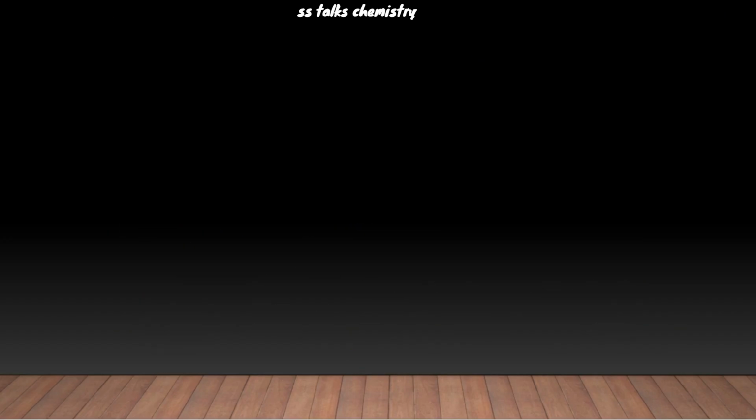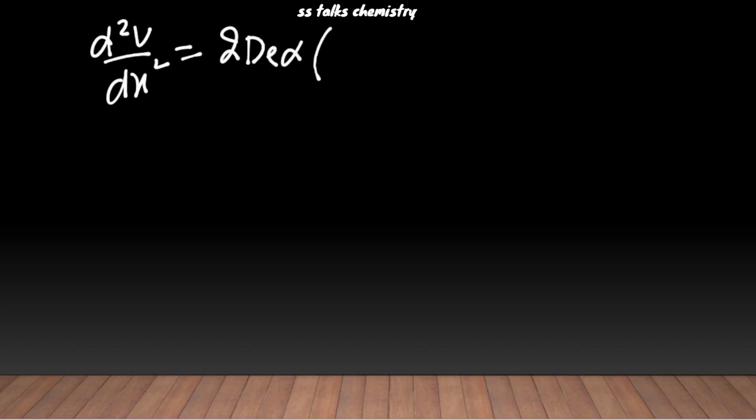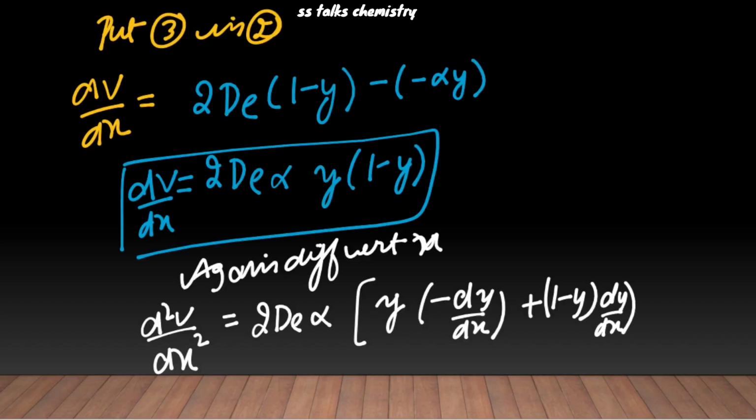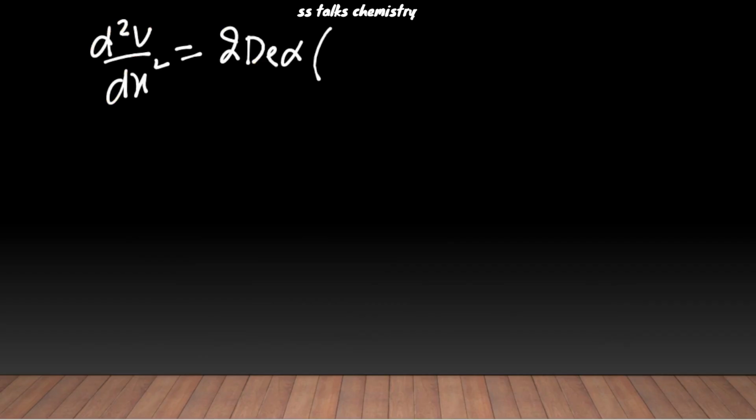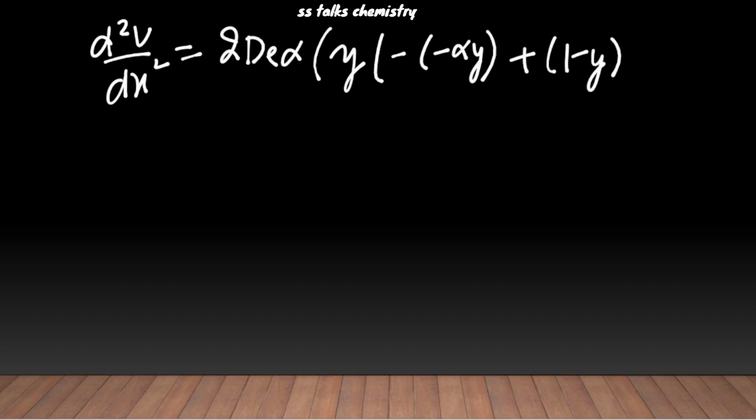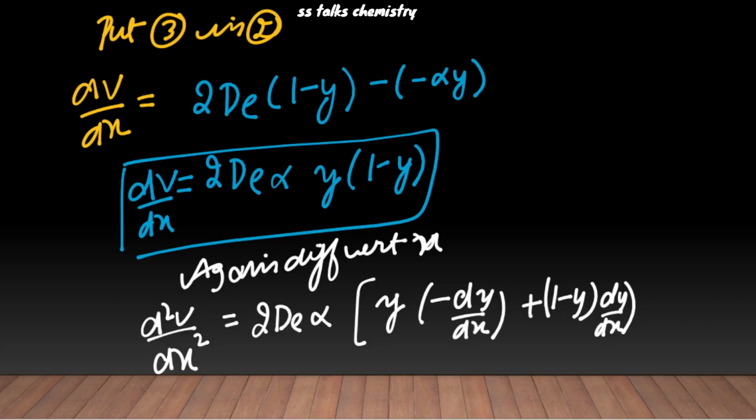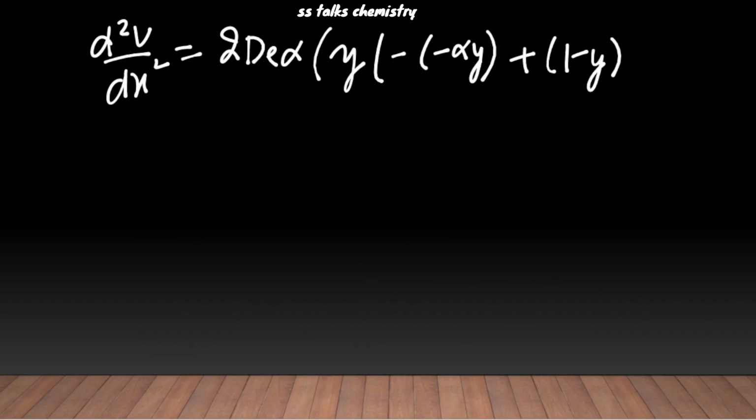So d square V by dx square is 2 De alpha into y into minus alpha times y, which is dy by dx, plus 1 minus y into dy by dx, which is minus alpha times y.